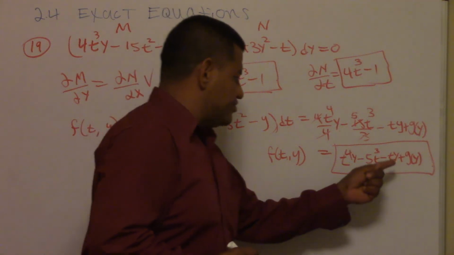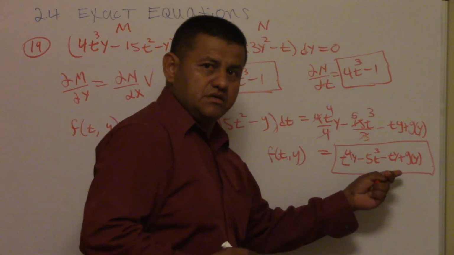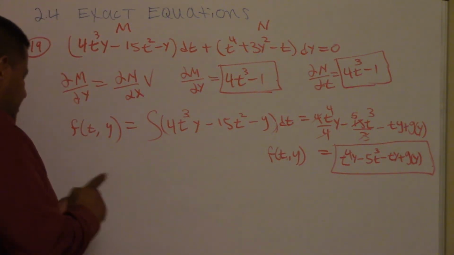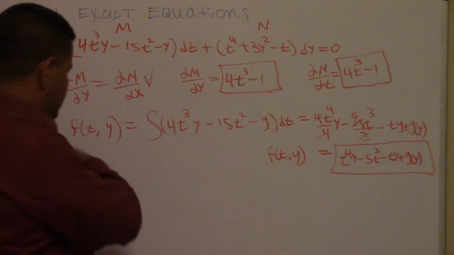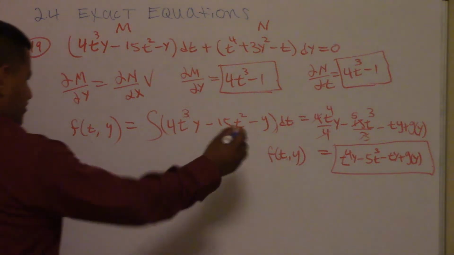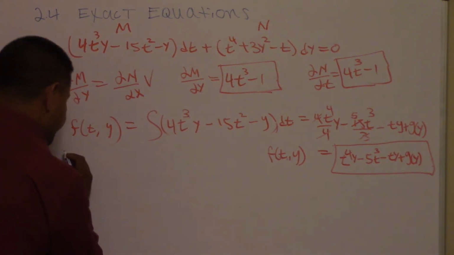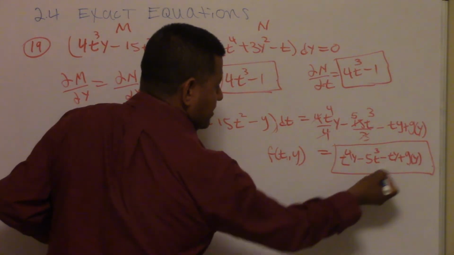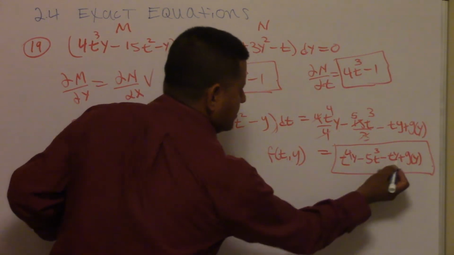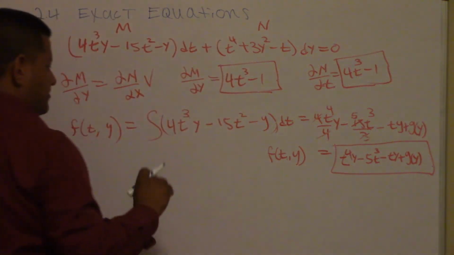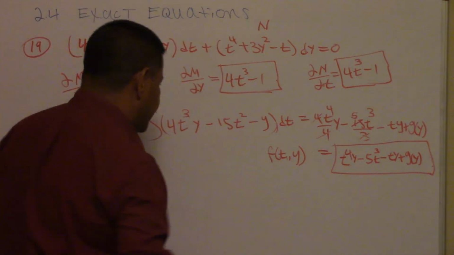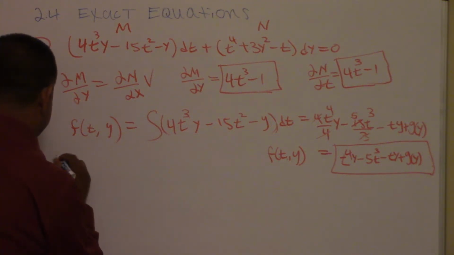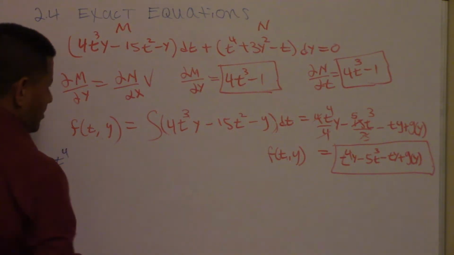Now my next step is to take the partial derivative of this. I need to take the partial with respect to y. Remember that I'm taking the partial with respect to y. This becomes t to the fourth. Why?